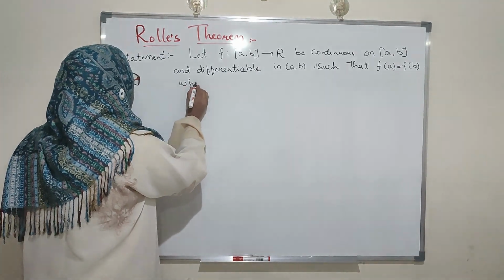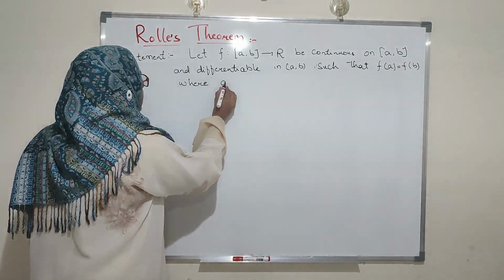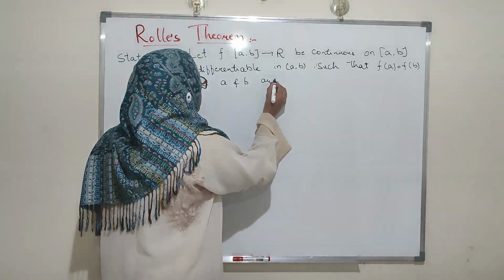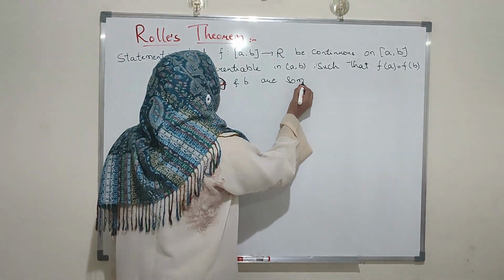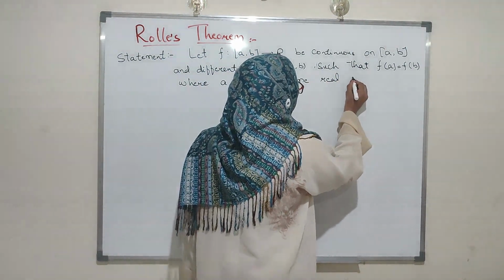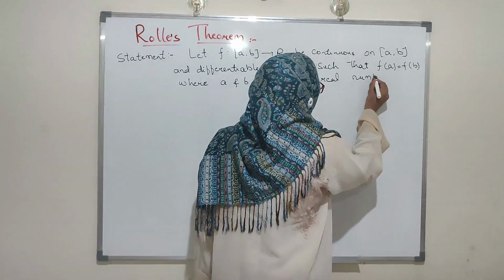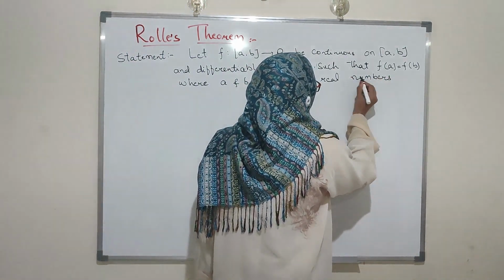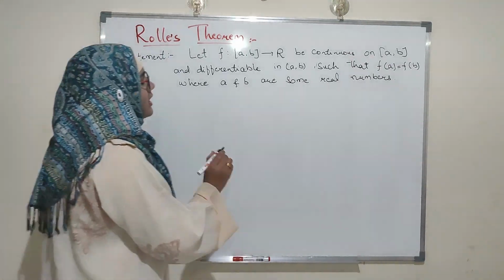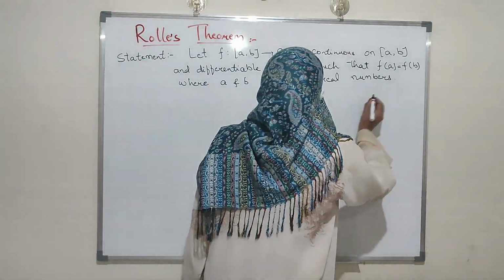Where A and B are some real numbers. Okay. Then there exists a point.